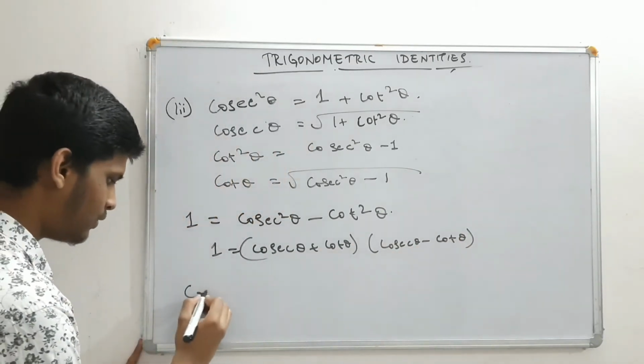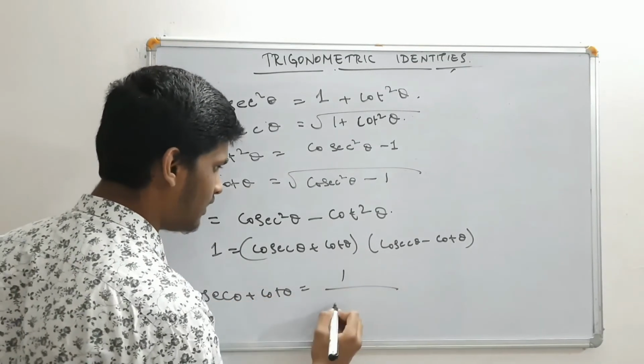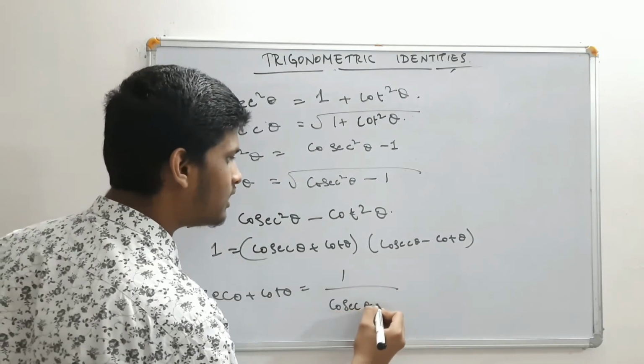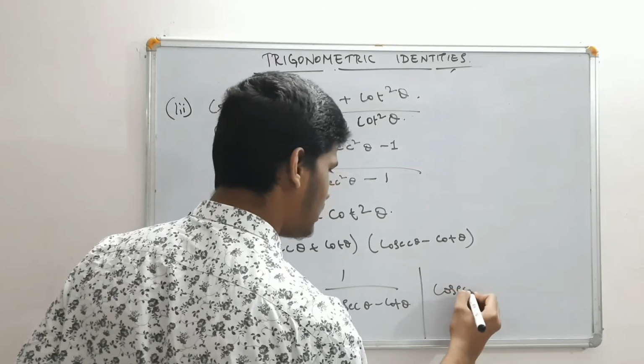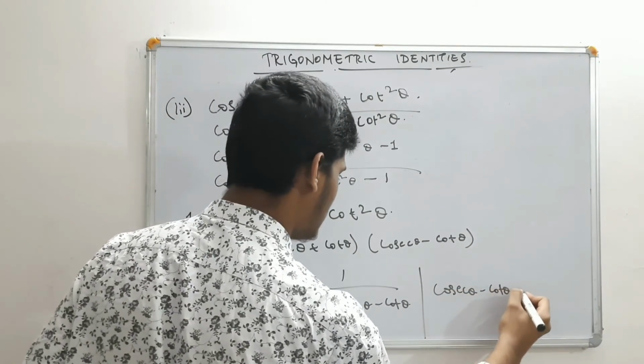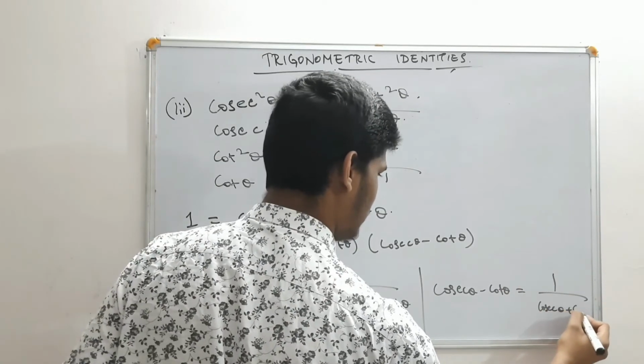So if you want cosecant theta plus cot theta, that is 1 by (cosecant theta minus cot theta). Or if you want cosecant theta minus cot theta, that is 1 by (cosecant theta plus cot theta).